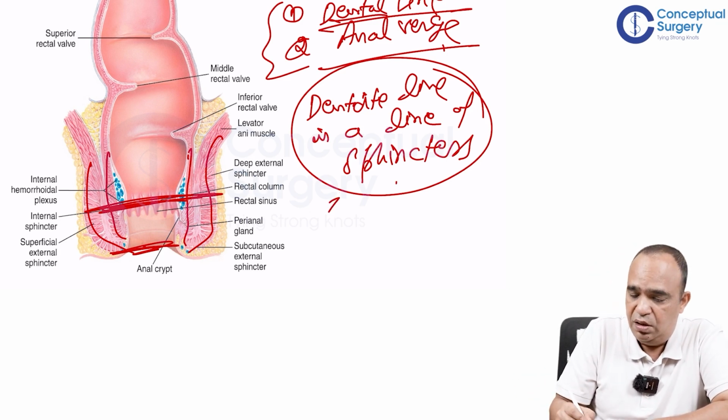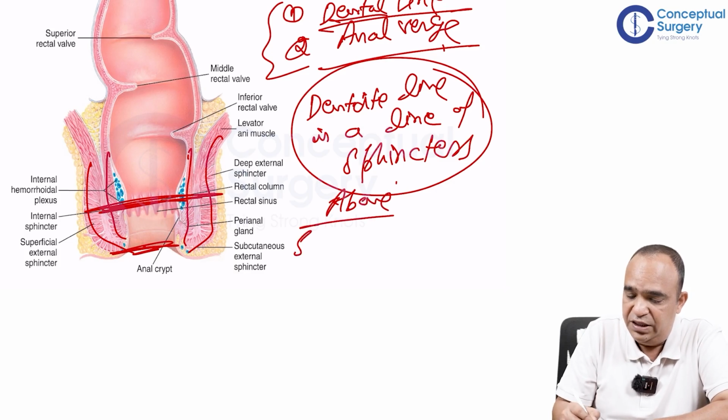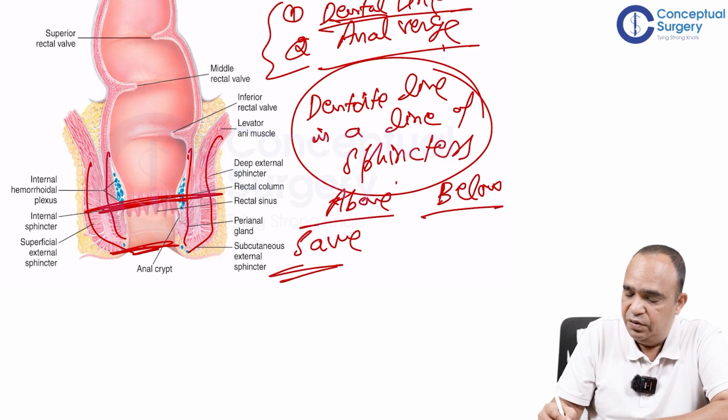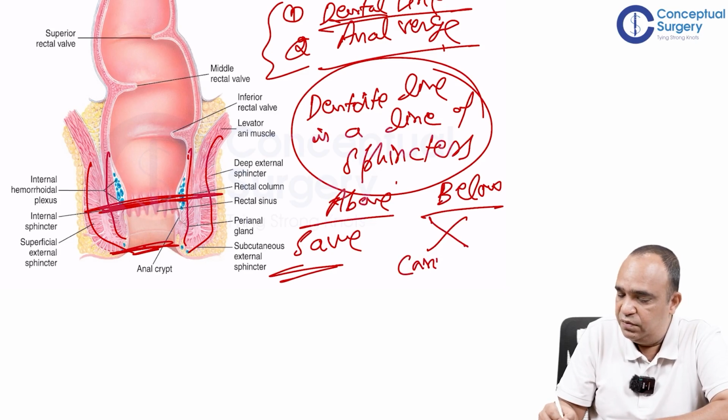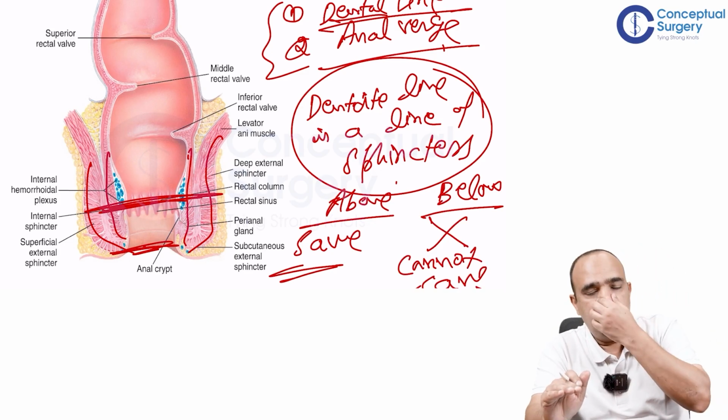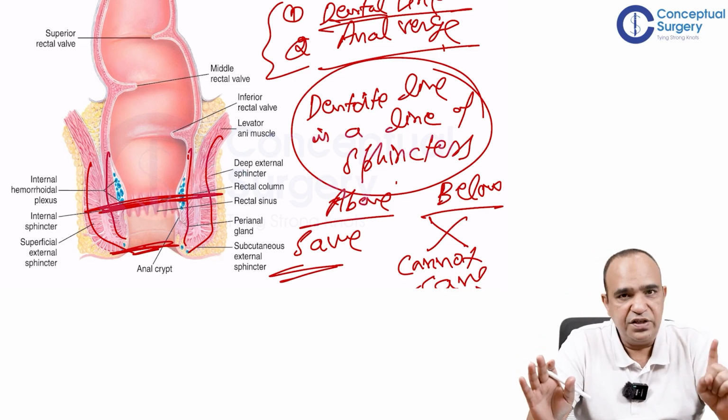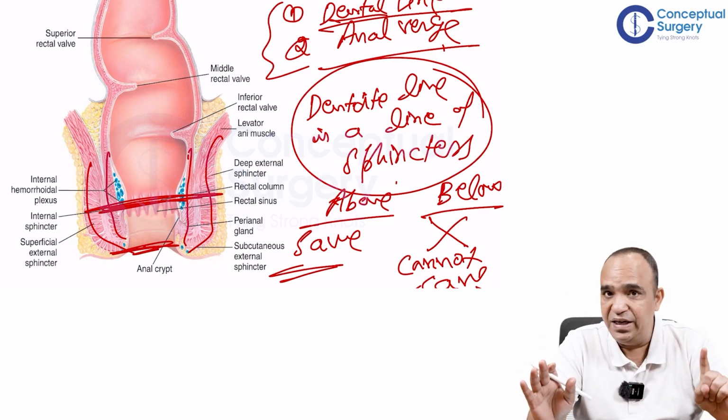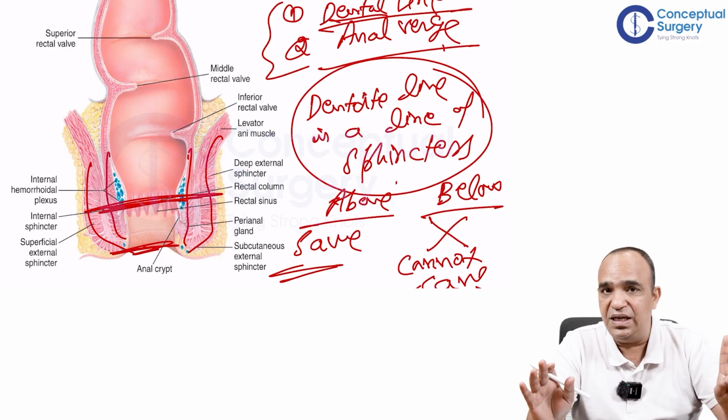So above the dentate line, we can save the sphincters. Below the dentate line, we cannot save. So first of all, check the distance, repeating again, because this is important. Second, the dentate line is a line of sphincters.